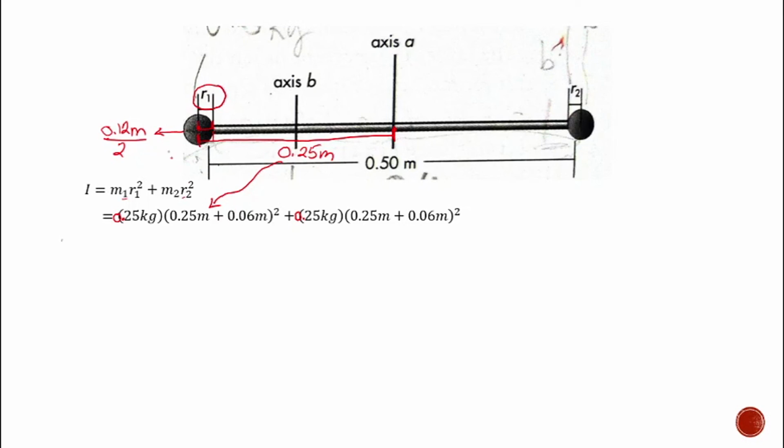So, yung area na ito, 0.06 meters. Okay? So, from here hanggang dito, that is 0.25 meters. Tapos, i-add natin yung area from here hanggang dito, that is 0.06 meters. So, ayan siya. Now, so ito yung M1 tsaka R1 natin. Ano naman yung M2, R2?